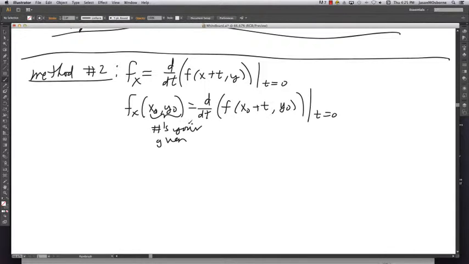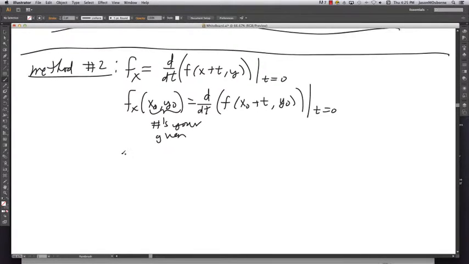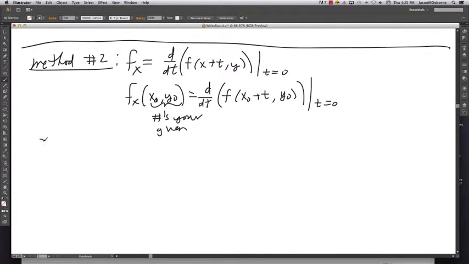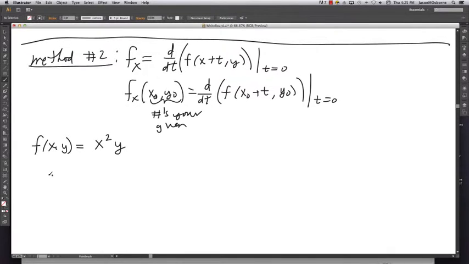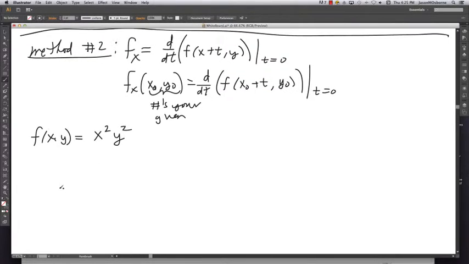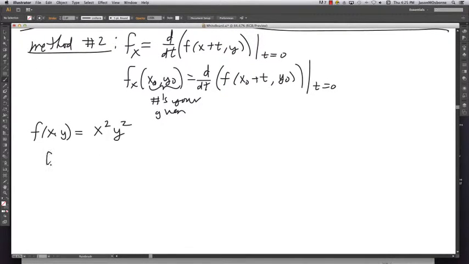Why this works is going to be the subject of the next video, but let's try to implement this method here. So if your function f of x and y is x squared y, let's do the same problem we had before. How about x squared y squared? And you want to take the partial derivative of f with respect to x.